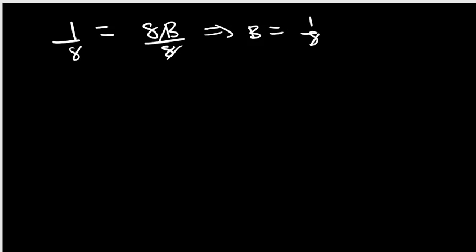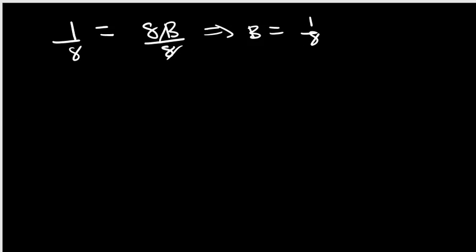Okay, so this will be equal to 8b. We are solving for b, so we are going to divide both sides by 8. And now we'll be having our b to be equal to 1 over 8.